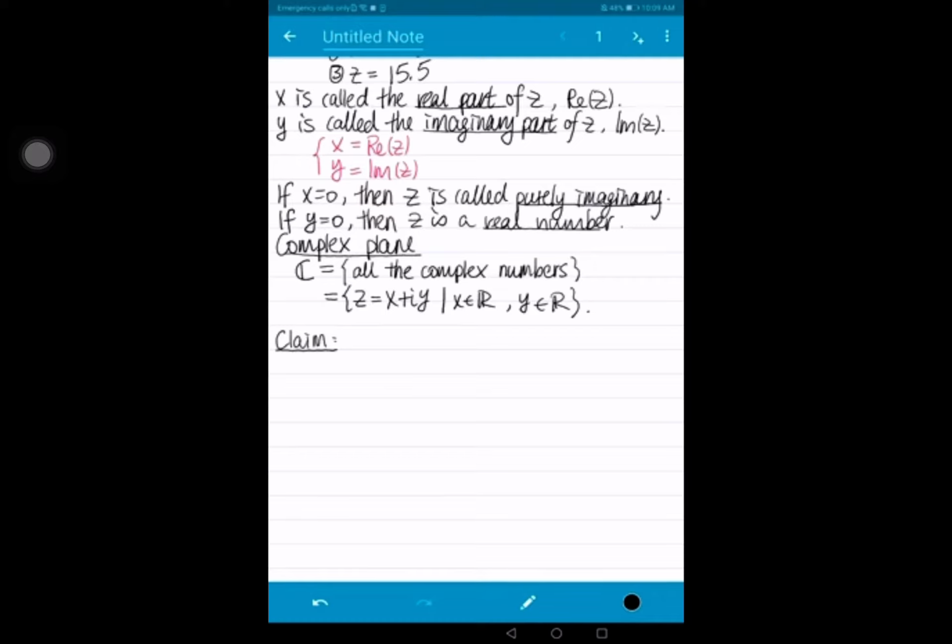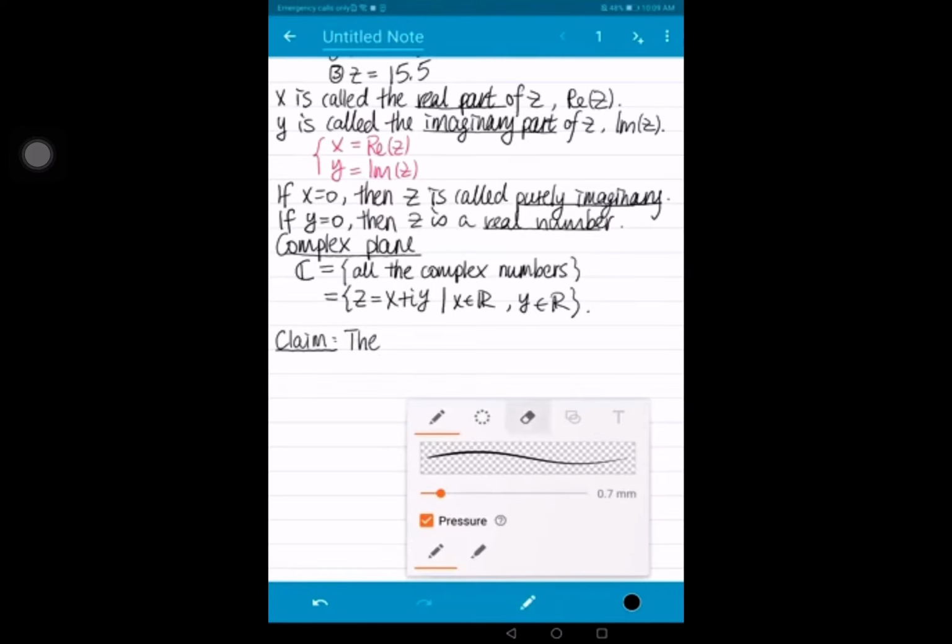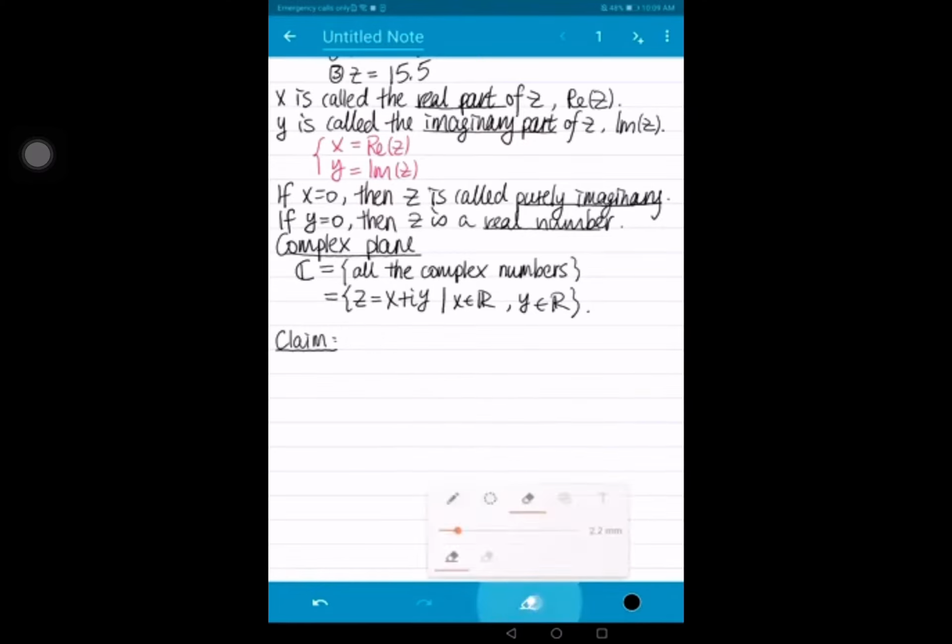So why is this? The claim is that C can be identified with R2. Intuitively, this is because here we said z can be written as the real part plus i times the imaginary part, and both the real part and the imaginary part are real numbers.